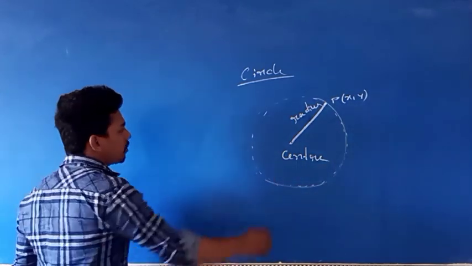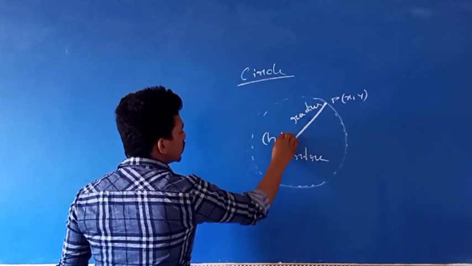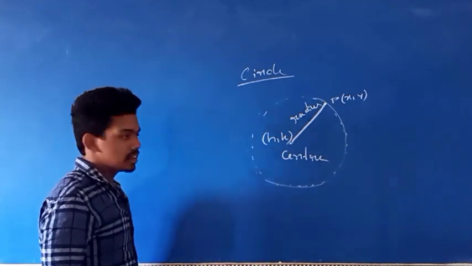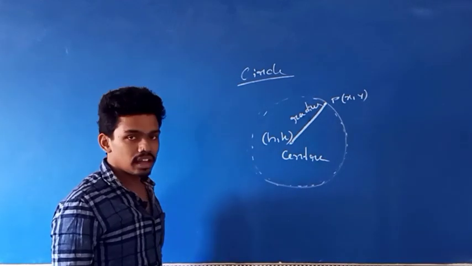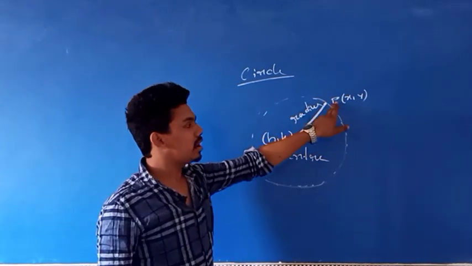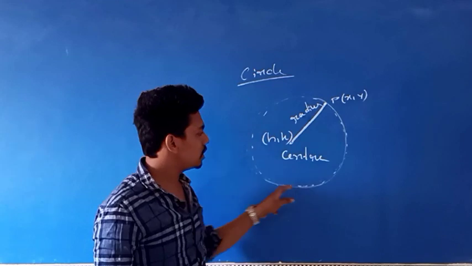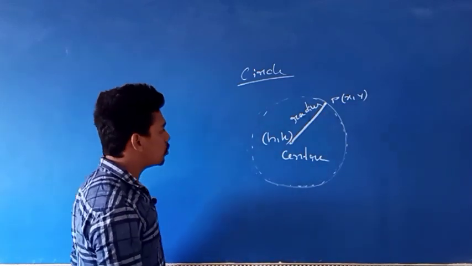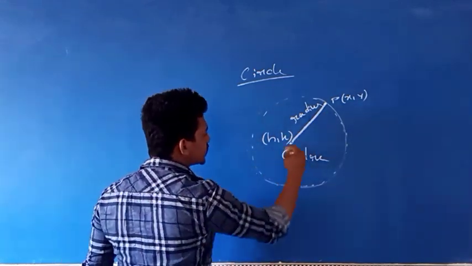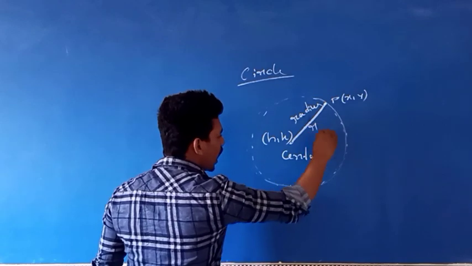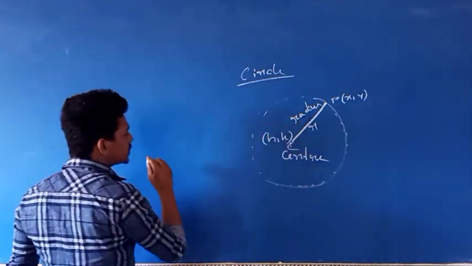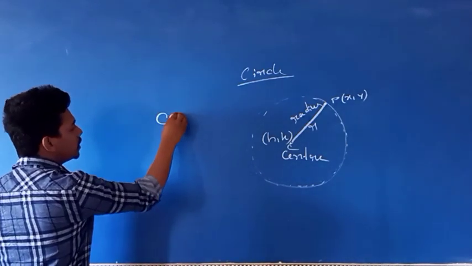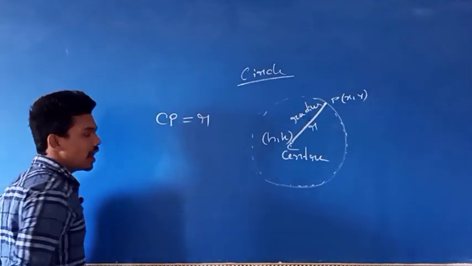So if (h, k) is the center of the circle and P(x, y) be any point on the circle, and suppose the radius of this circle be r, then we can say that CP is equal to r.